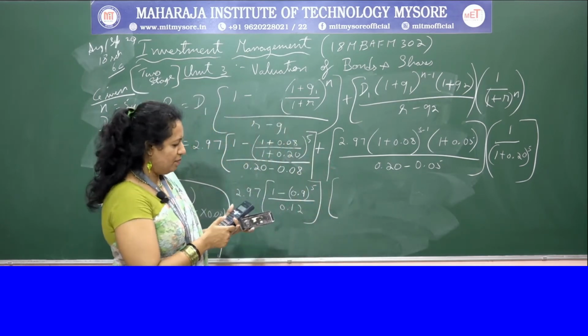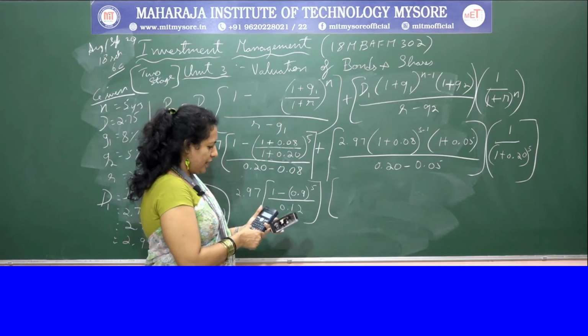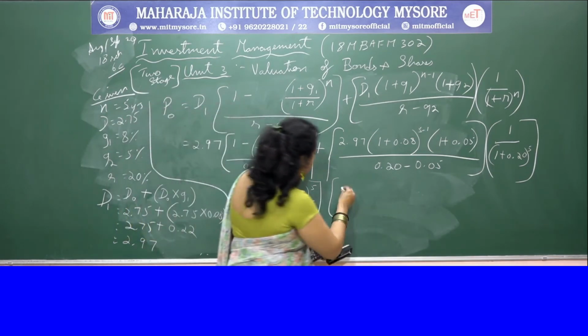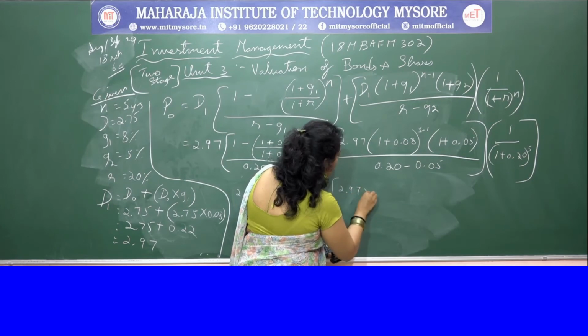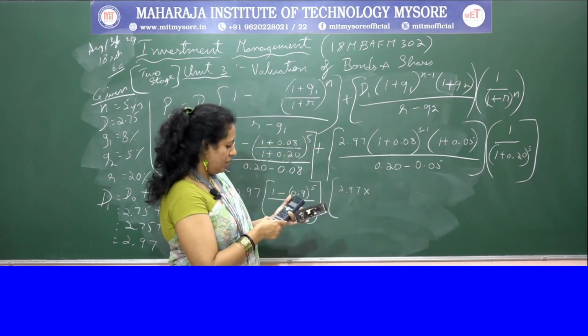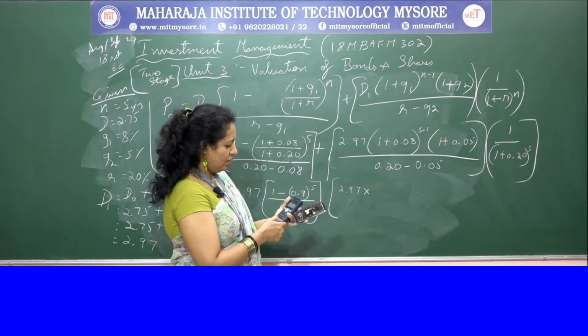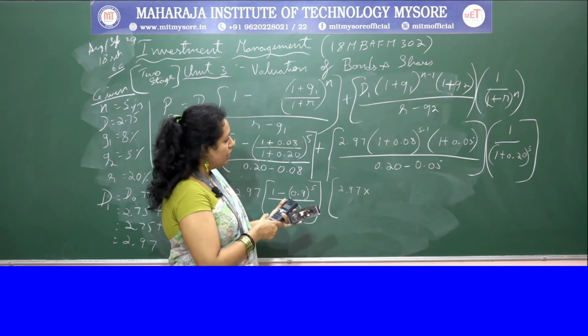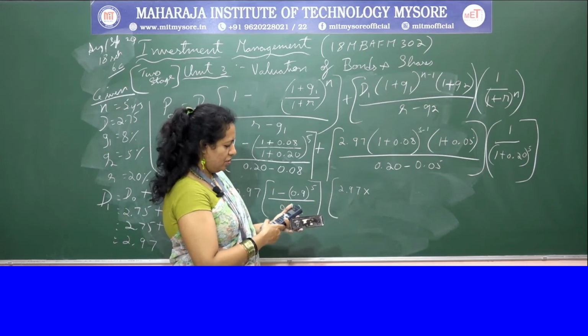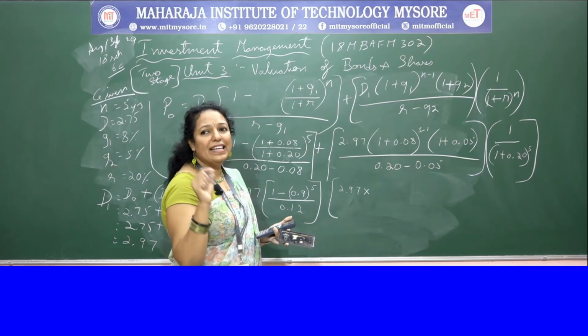Okay, let's do the simplification of this. 2.97, I'll write as it is, into 1.08 to the power of 4, you get 1.36.